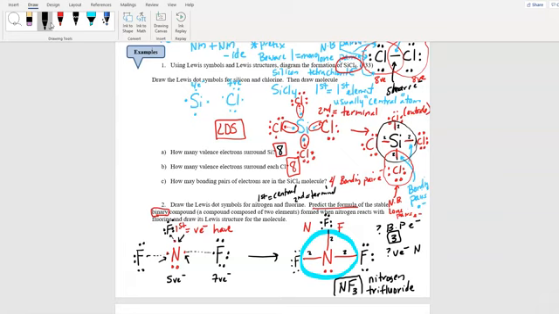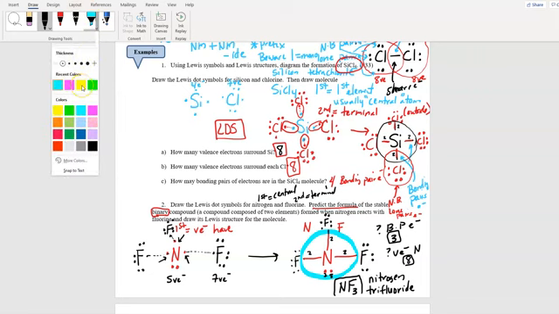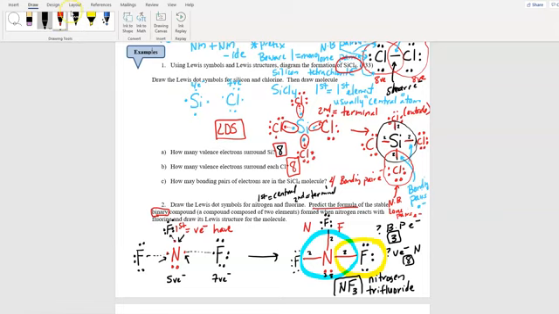So 2, 4, 6, but then I have to count these guys. 7, and there's 8. So nitrogen has his 8 valence electrons, and every single fluorine is sharing 2. So that fluorine has 2, 4, 6, and he's sharing with nitrogen 7 and 8. So every fluorine also has 8. That's the name of the game, ladies and gentlemen, is to get to that octet configuration.